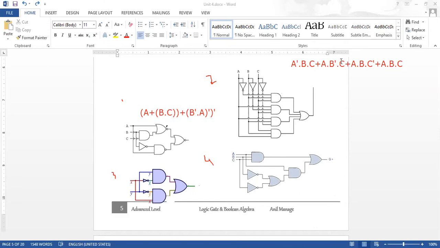Okay, you have sent me the answers. Some in there, okay, correct. Without dot even you can write, doesn't matter. AND gate you can represent like that.